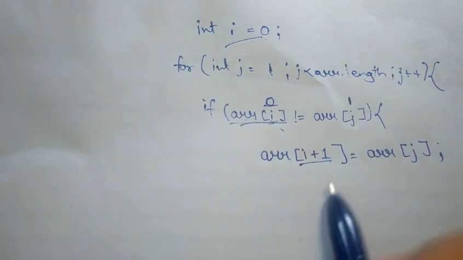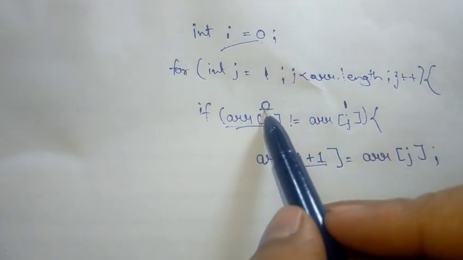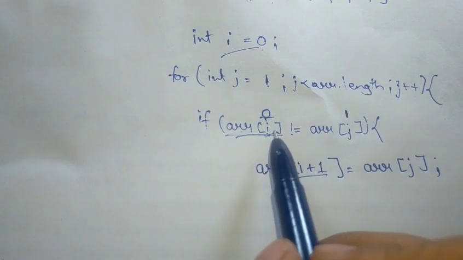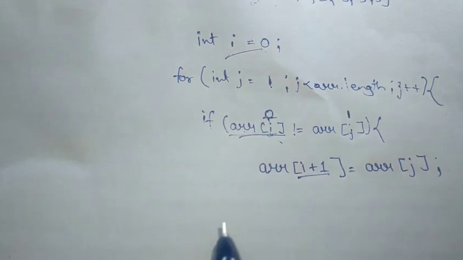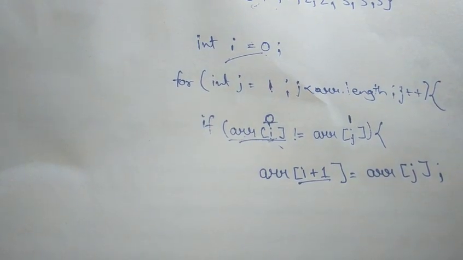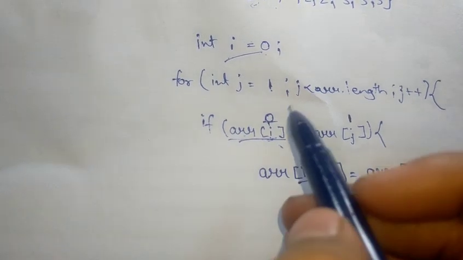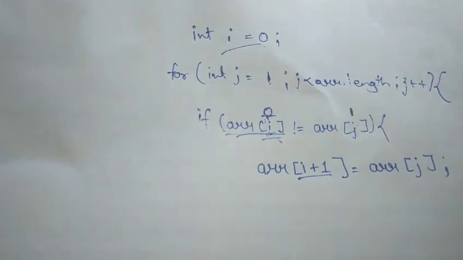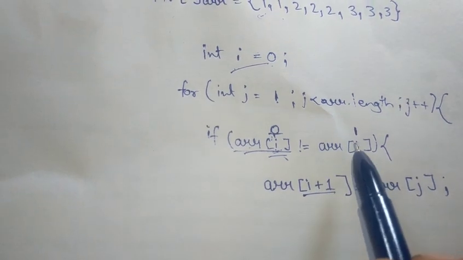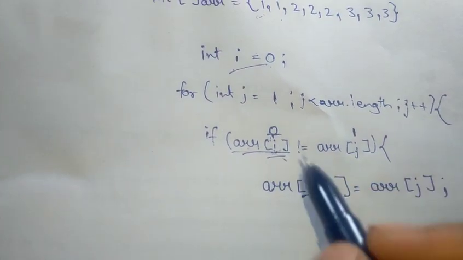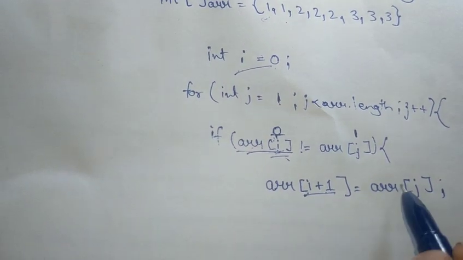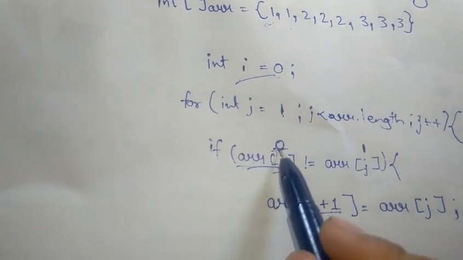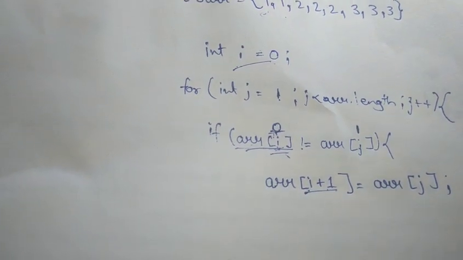So I can't put it at that position, so where can we put this element? That's why we are using I plus 1. It will place that element just after that index. Okay, so you have understood.